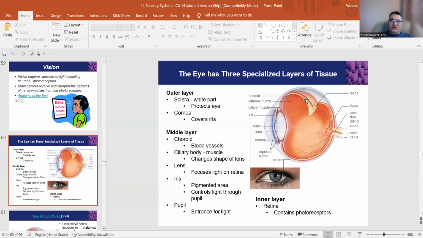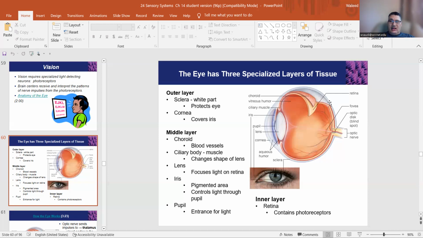When you say my eye is black, brown, green, blue, whatever it is, you're actually talking about the iris. This partition here is colored, and it is not a complete partition. There is an opening in the middle of this partition, or this iris, which is called the pupil.